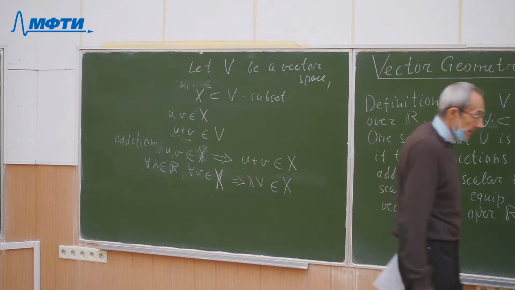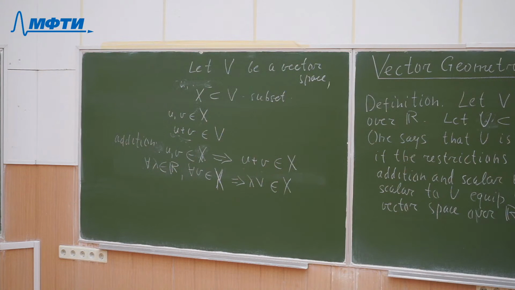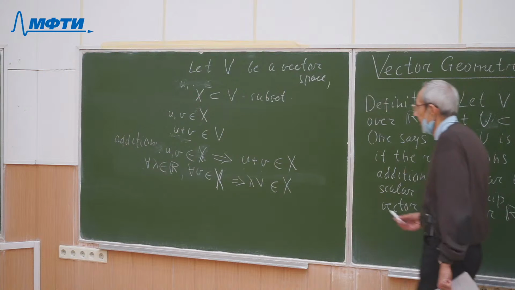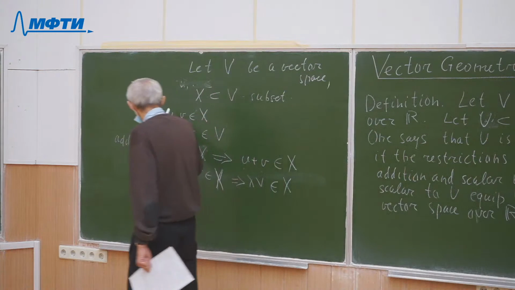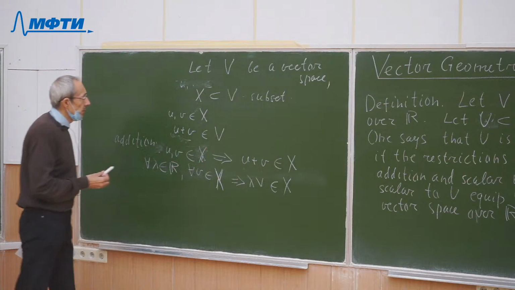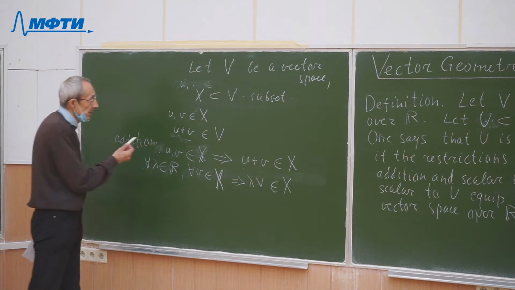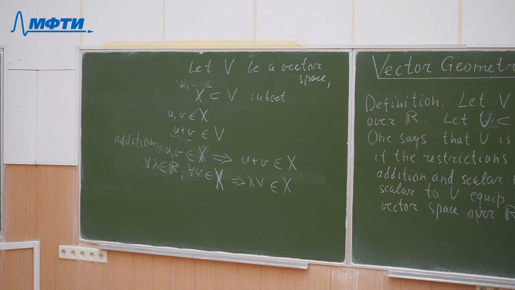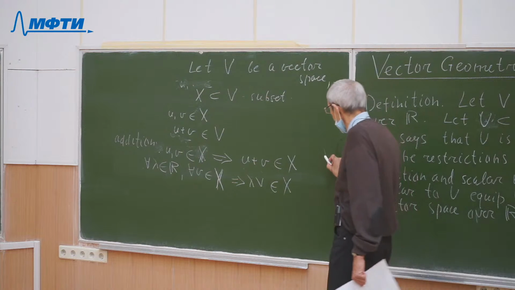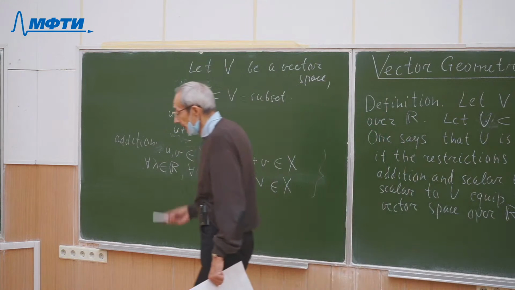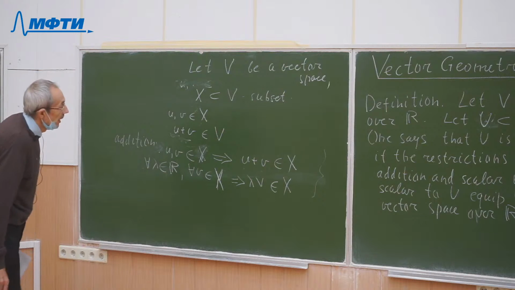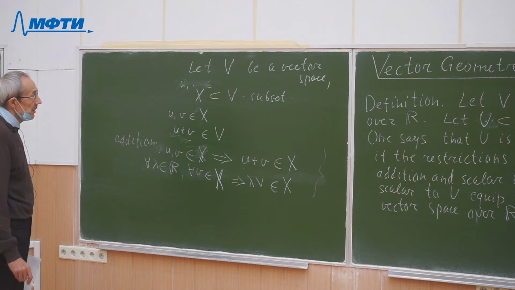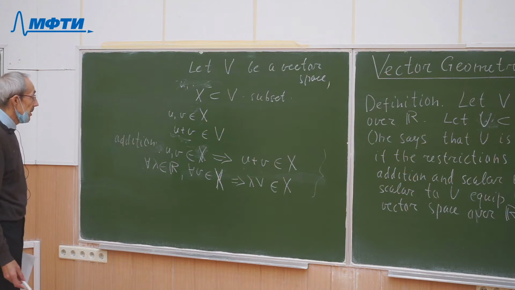And if both operations are defined on X, in this case we say that X is a vector space, because from this condition it is easy to deduce all axioms.